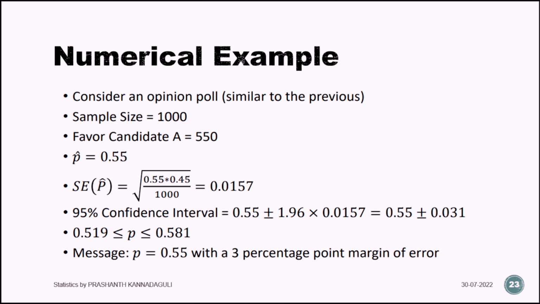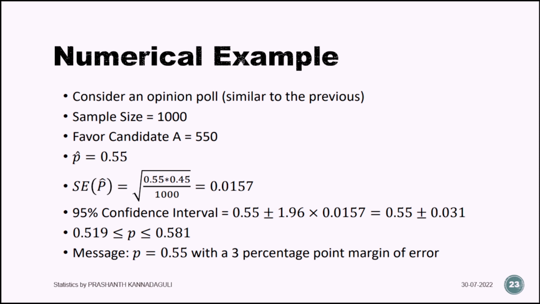Now I am able to do that. At least I can say that I got a p value of something like 0.55, but now I can say that the actual p will be minimum 0.51, maximum 0.58. This is the range of p, that is the actual fraction. So from minimum to maximum you are able to guess.